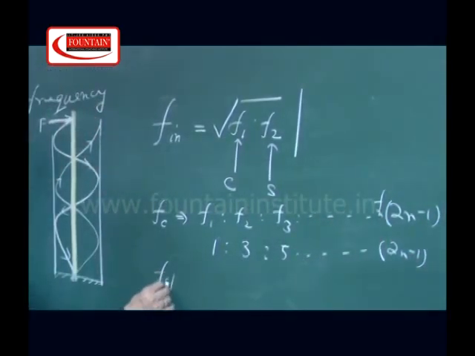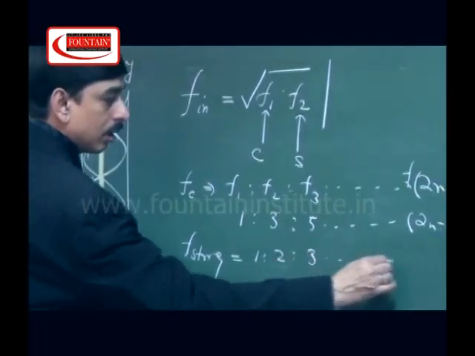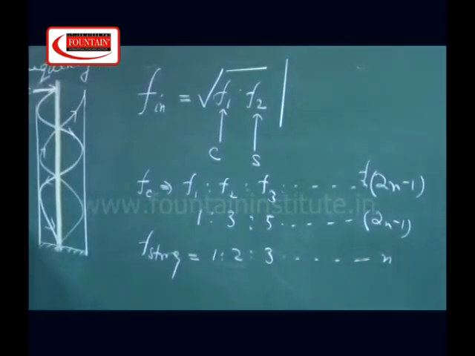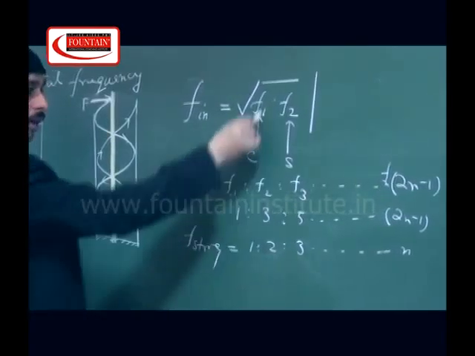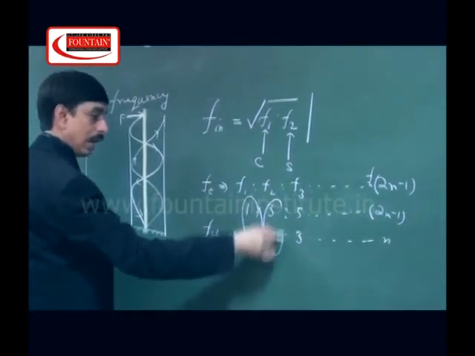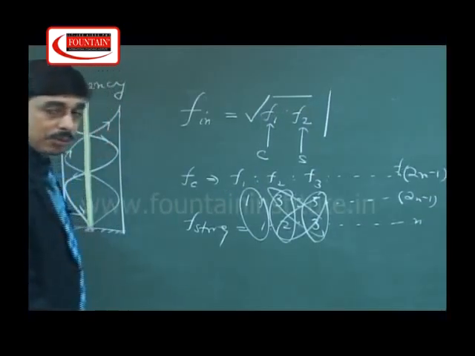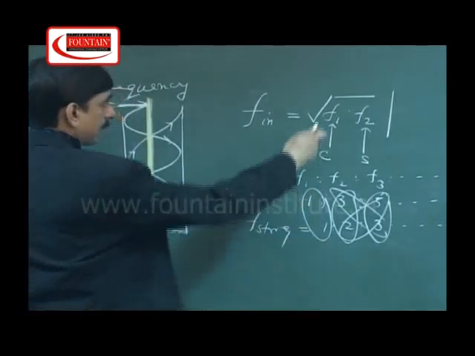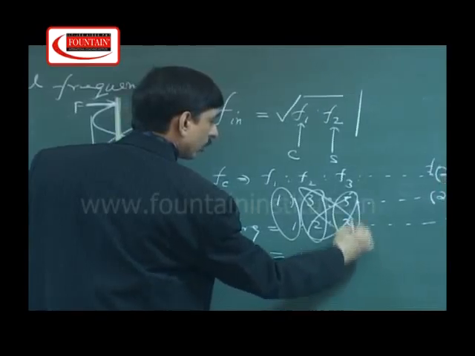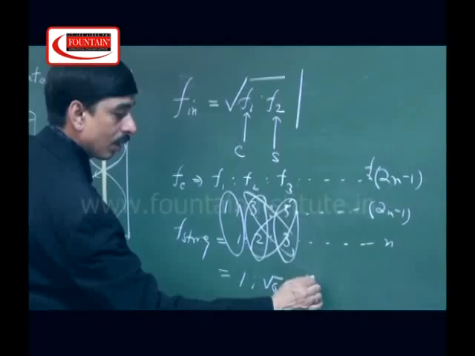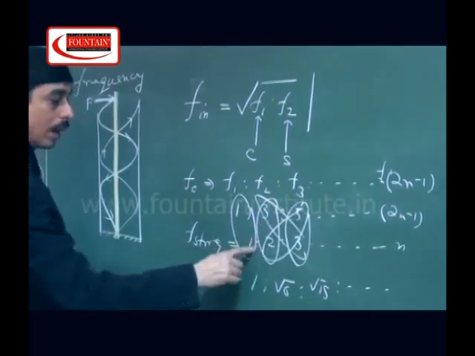And for the string, we know the frequencies are in the ratio 1 : 2 : 3 up to n for the nth term. If we like to get the modulations of F1 and F2, the different combinations can give you different modulation frequencies as per this formula, such as 1 : root 6 : root 15, which is completely different from 1 : 3 : 5 or 1 : 2 : 3.